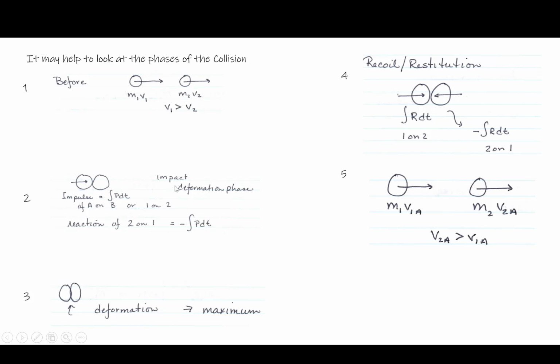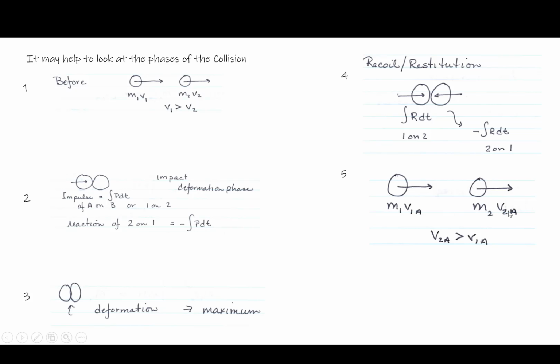This impulse is going to start the deformation phase. Now, at phase 3, the deformation is maximum. The ball that's coming off is going to start to deform because of the forces being applied to it, and then it's going to go on out. And we're going to get a recoil and a restitution of the ball. Think of your ball potentially as a spring. Ultimately, we're going to deal with the velocity after.